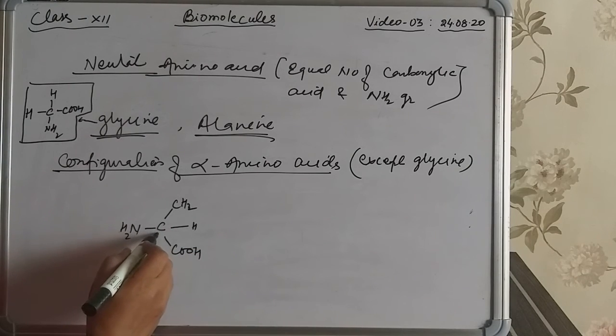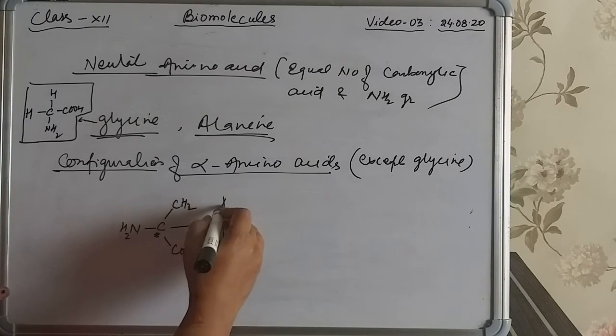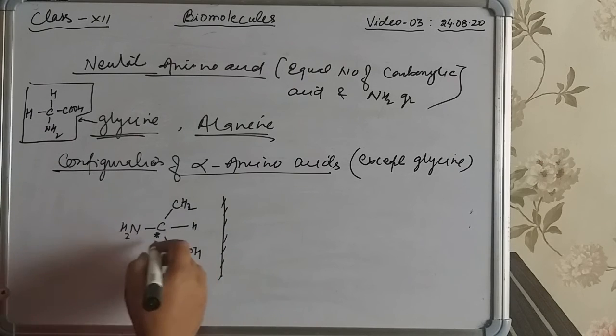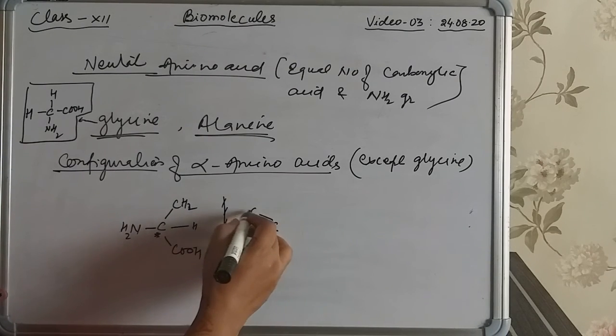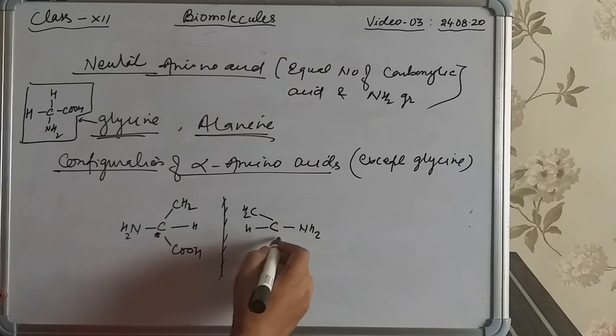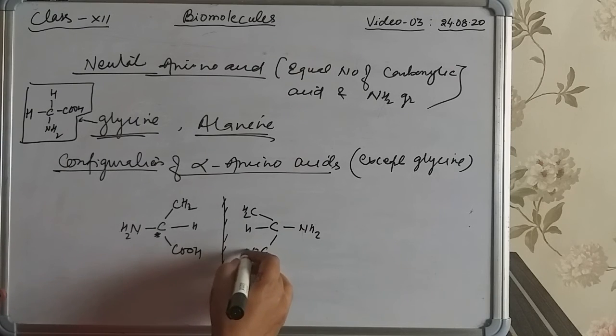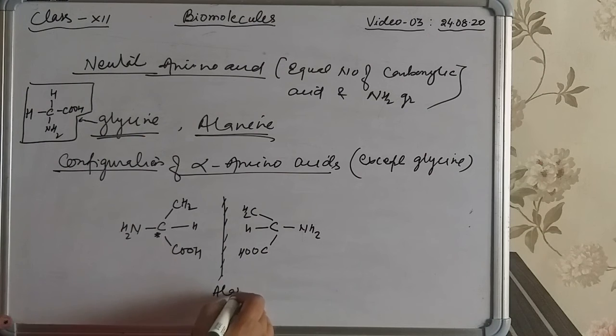This carbon is optically active because there is a chirality center. If we see the mirror image of this compound, it looks like this, with NH2 and COOH. This is the structure of alanine.